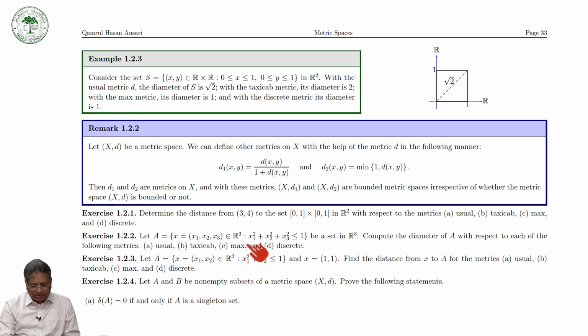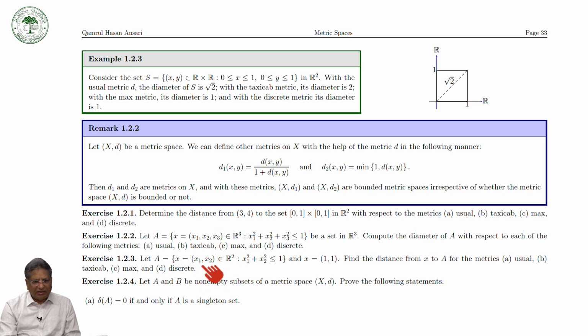Determine the distance from the point (3,4) to the set [0,1] cross [0,1] with respect to different kinds of metrics, that is to say the usual metric, taxicab metric, max metric and discrete metric, and you can calculate in the same way as we have done in this example. Similarly, consider the set A given here and find the diameter of this set, which you can also calculate in the same way as we have done here.